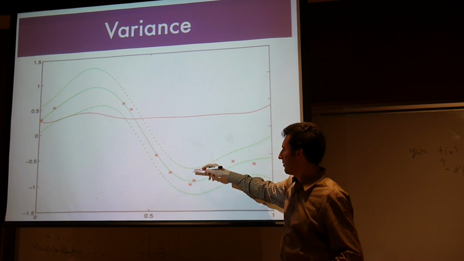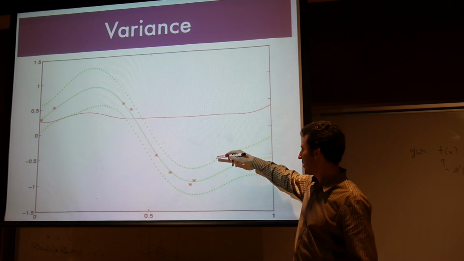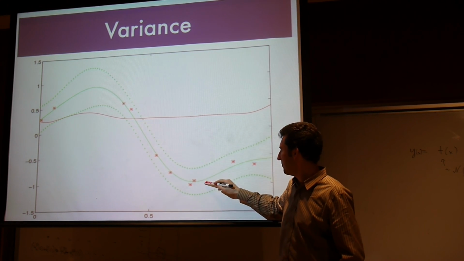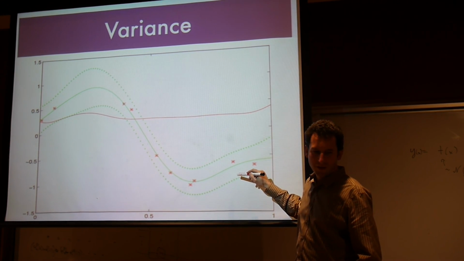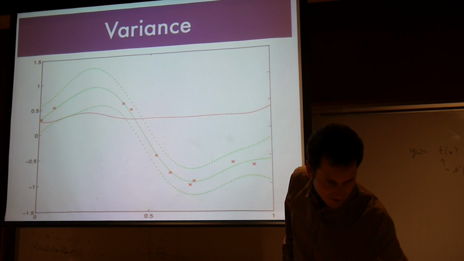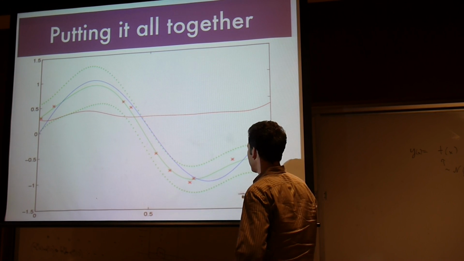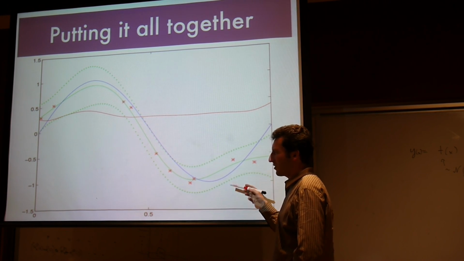If you add or subtract the square root of the variance from the mean, you get this nice dotted upper and lower envelope. And lo and behold, it actually fits the data very nicely. What we just recovered is that we can actually estimate the sine function from a few points.